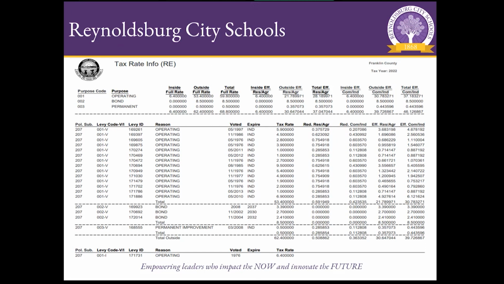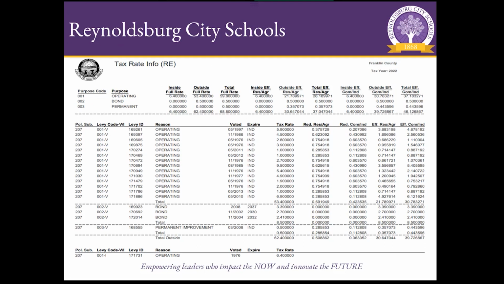This is because as the property value changes, the effective rate on voted millage is adjusted to ensure that a taxing district does not collect any more funds than was authorized to be collected at the time of passage.